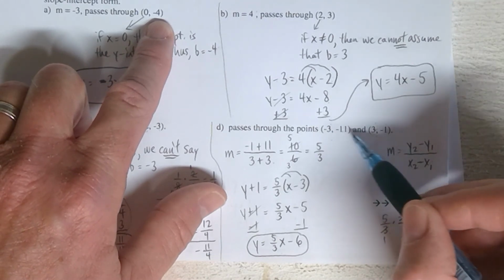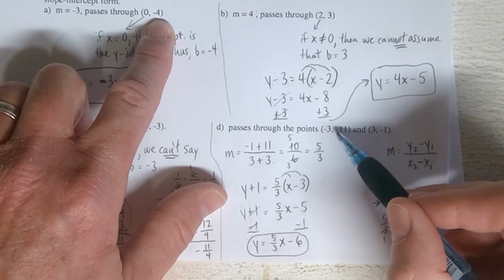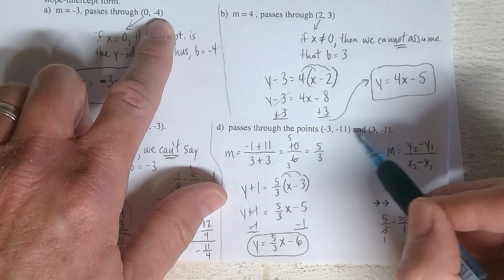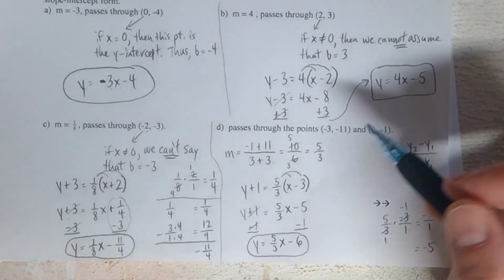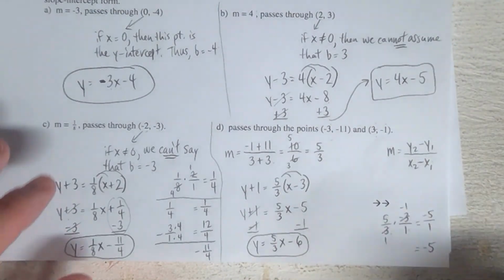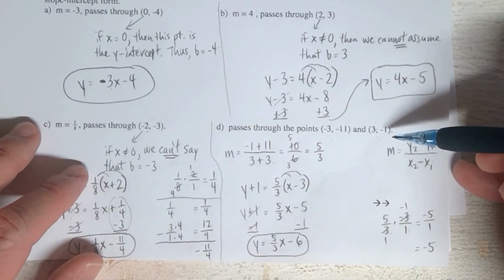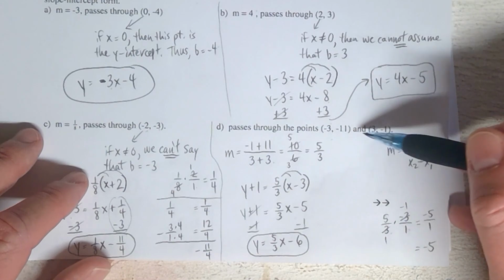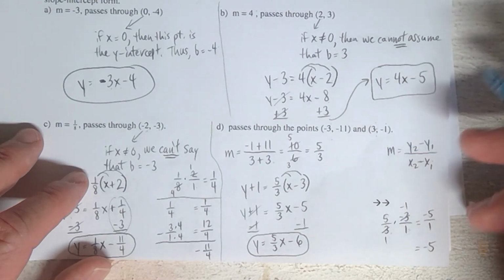However, these 2 points right here were not x equal to 0 on either one of them. They were negative 3 and 3. And so we had to, again, use the second formula because we did not know what the b was. Okay, so that's what you do when you just have 2 points and no slope.